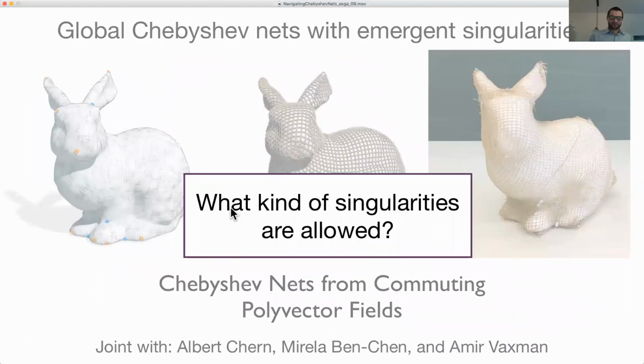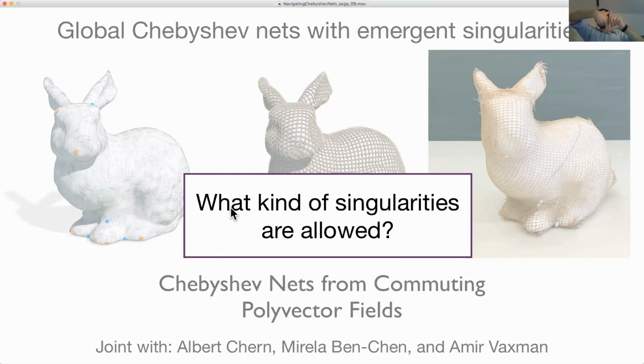So the first question that we want to tackle when we want to understand global Chebyshev nets on a target shape is, what kind of singularities do we want to allow? Because as we saw previously with the hemisphere, if you go down into the southern hemisphere from the Chebyshev net's solution, what you get is actually a complete collapse to points.